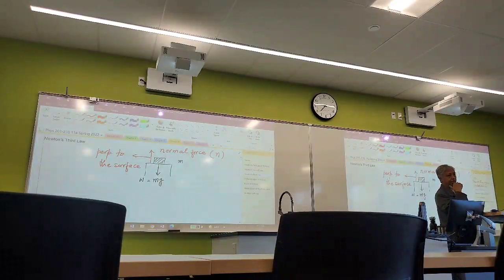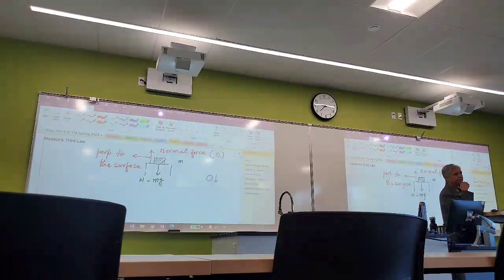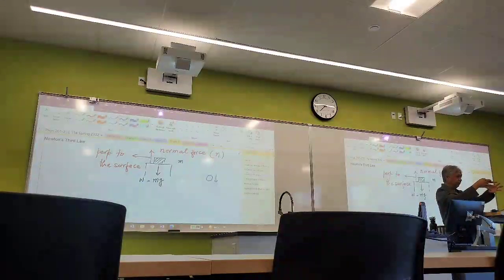This is also a natural force, just like the weight. Weight is always present, right? So the normal force is present whenever the object is on a surface. If an object is falling down, will there be a normal force? You drop the ball and it comes down. Is there a normal force? No. So do not draw a normal force when the object is coming down freely.